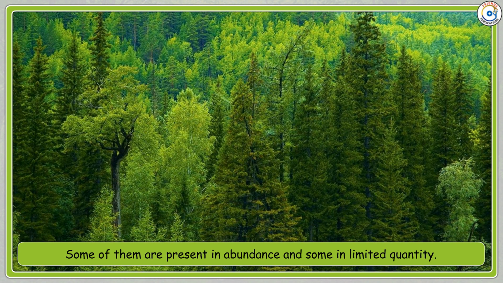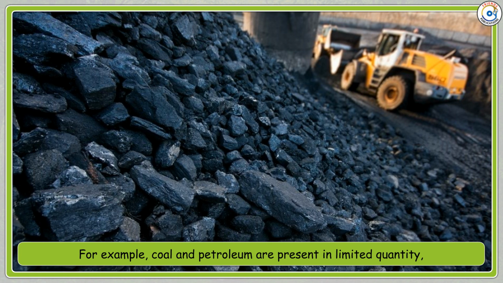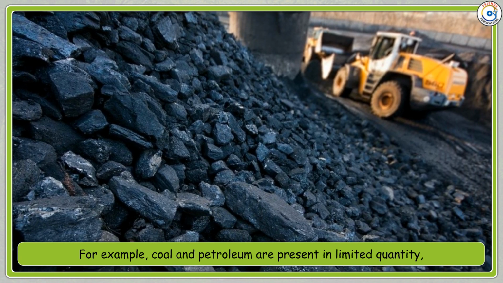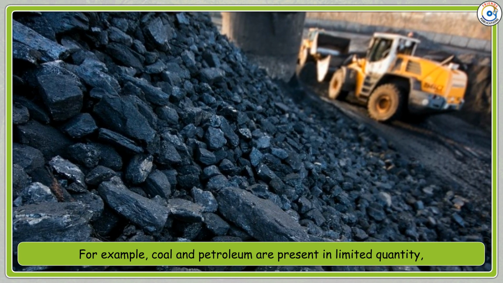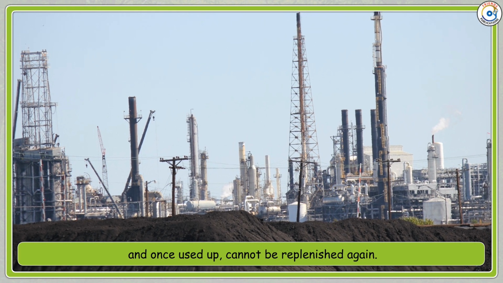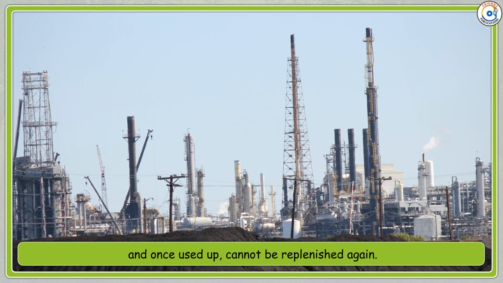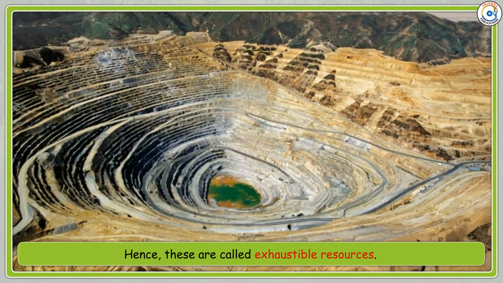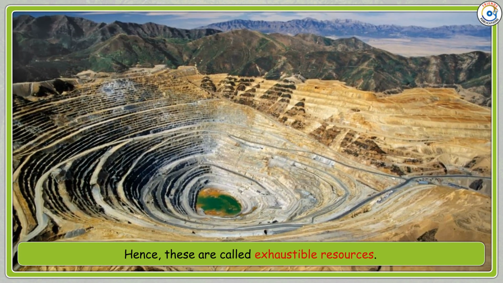Some of them are present in abundance and some in limited quantity. For example, coal and petroleum are present in limited quantity and once used up cannot be replenished again. Hence, these are called exhaustible resources.